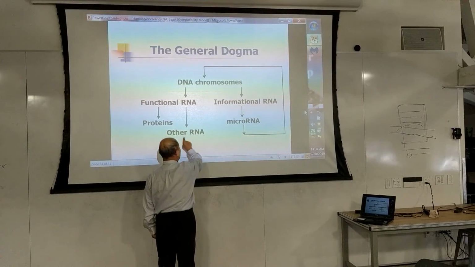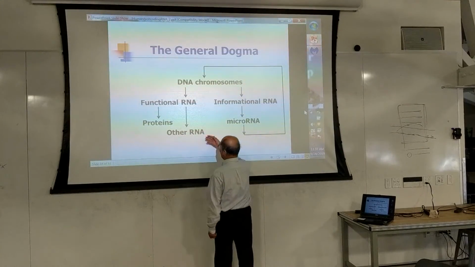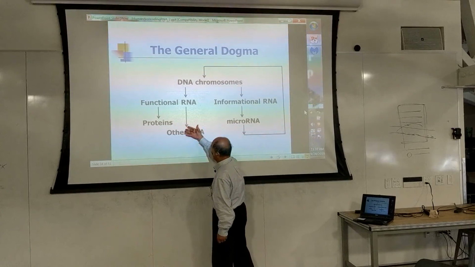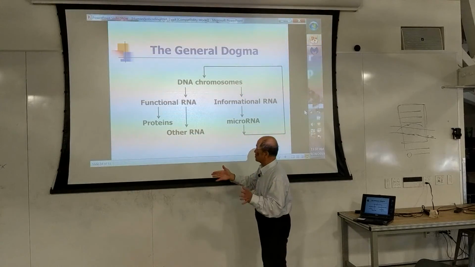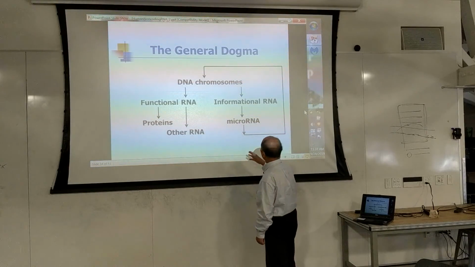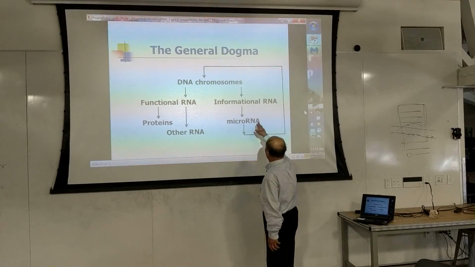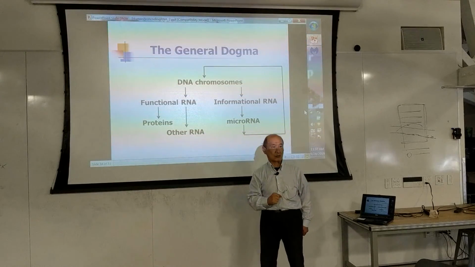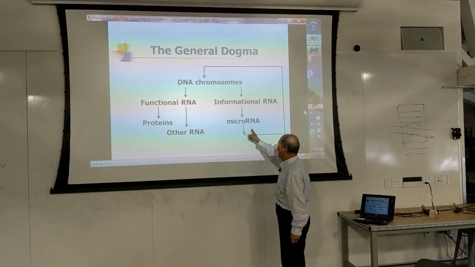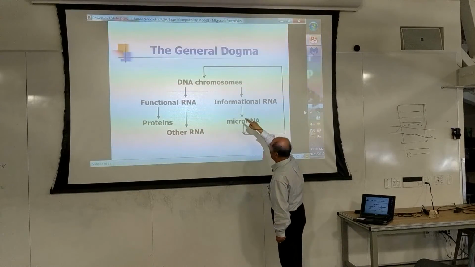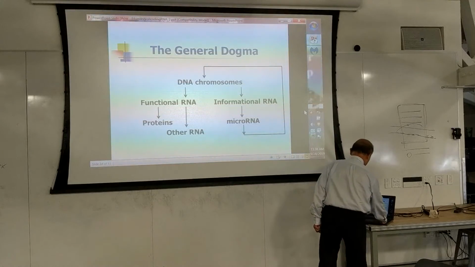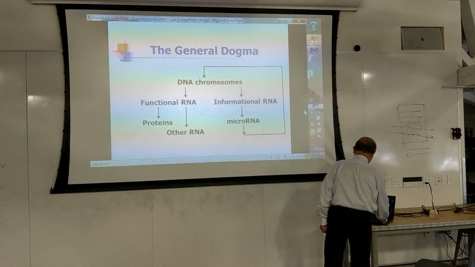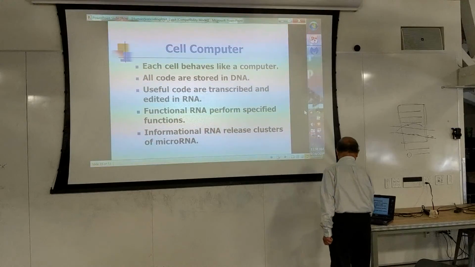But I assert that there are lots of functional RNA which will do specific things, just like proteins would do. And informational RNA just contains clusters of microRNA. They would release microRNA, and this microRNA will go back and make another set of RNA, and so on and so forth. So this is the mechanism of a cell computer.